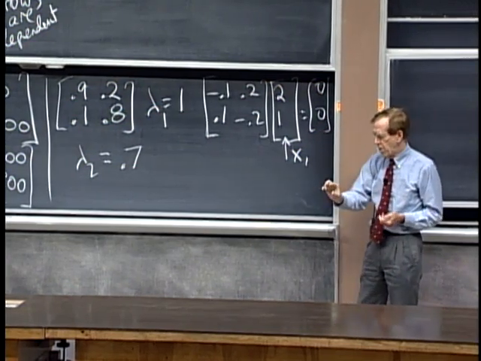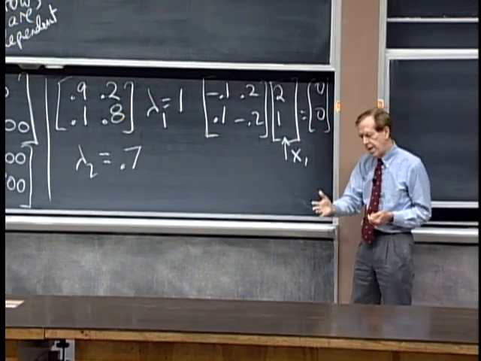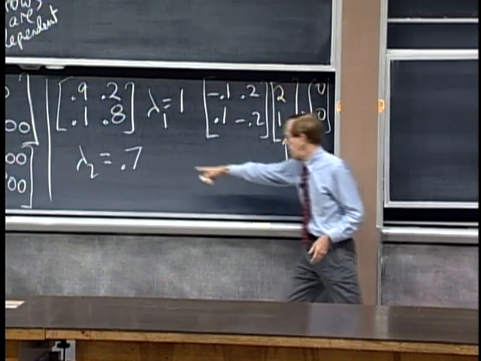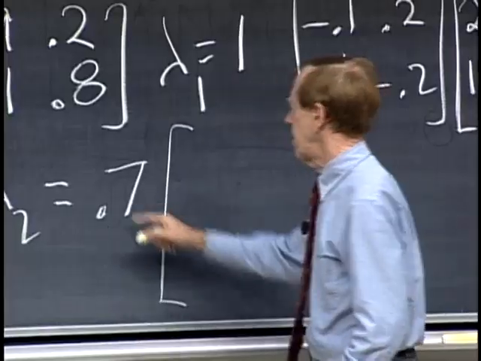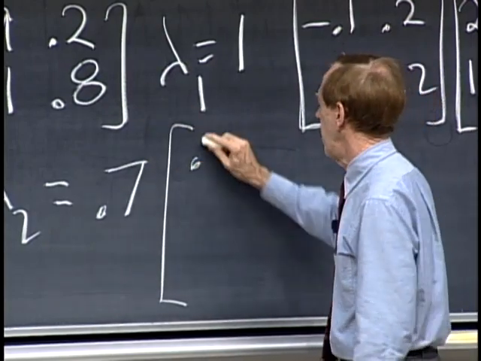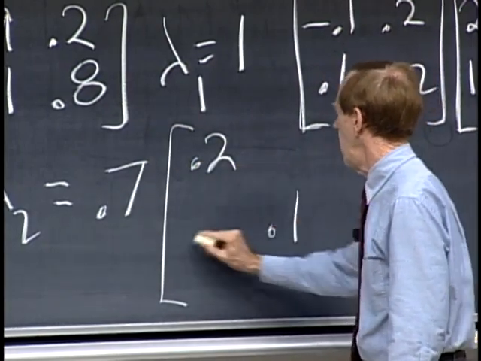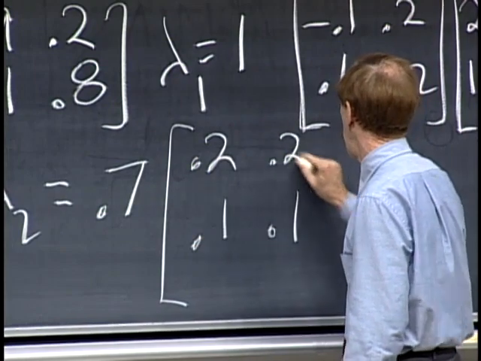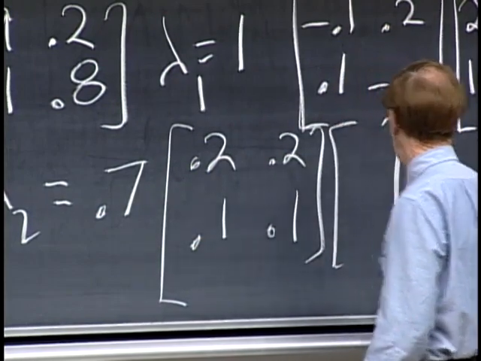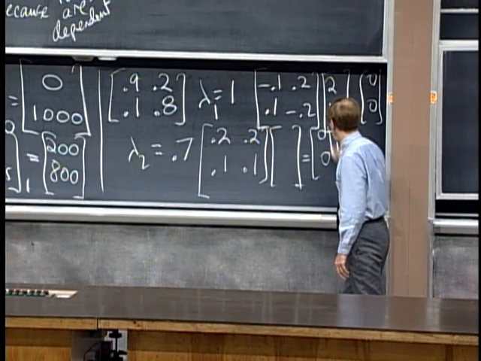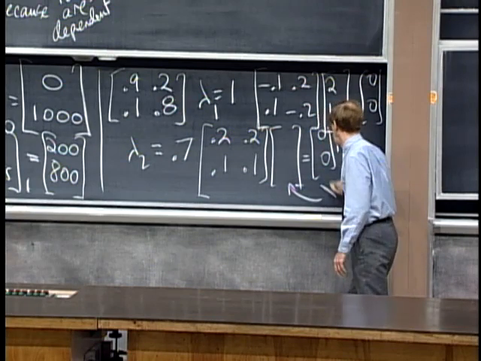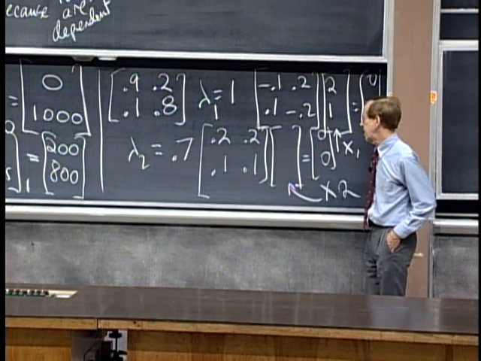But if I want to know what's happened after just a finite number like 100 steps, I better find this other eigenvector. So I'll subtract 0.7 from the diagonal, and I'll look at the null space of that one. This is going to give me x2. What's in the null space?